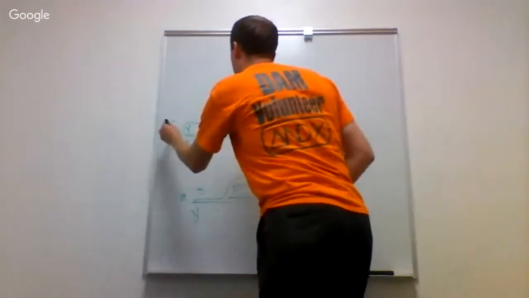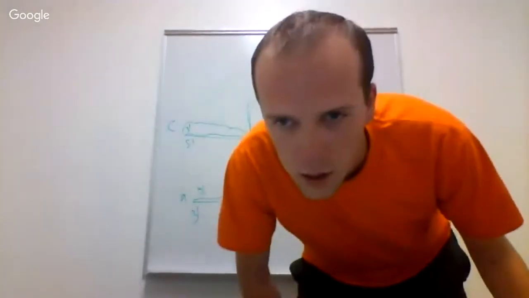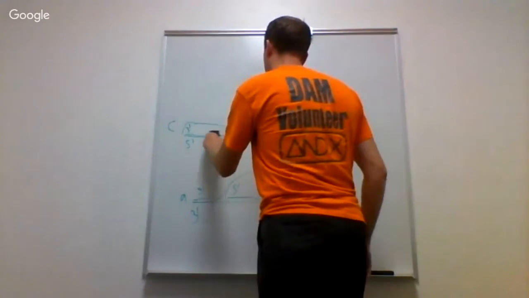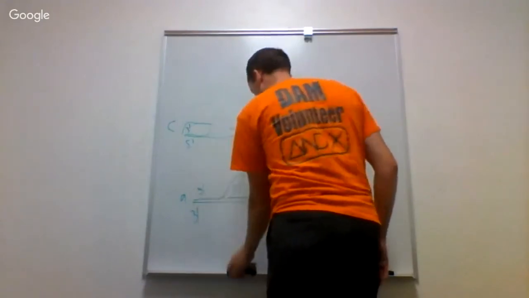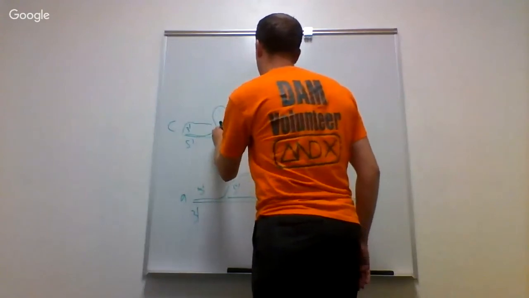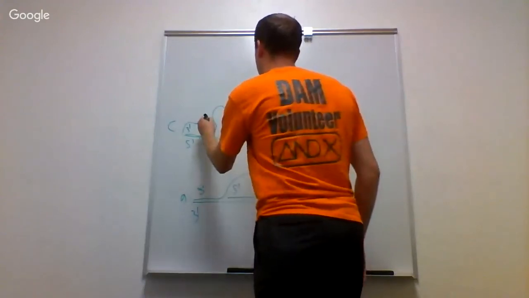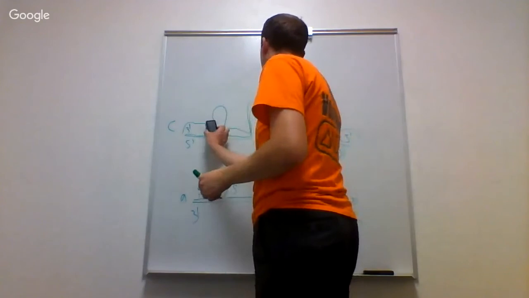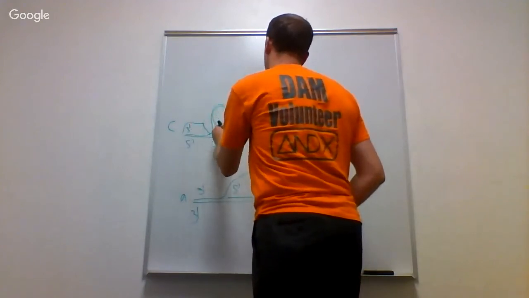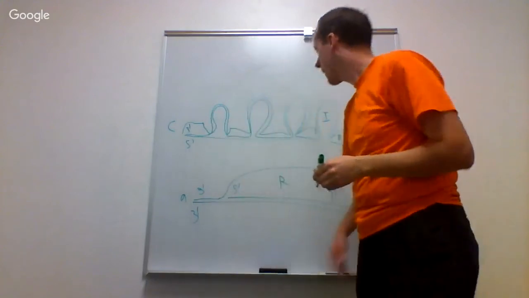C. Then for D, do the same thing again. So this time, the first one is back. We have our I loop back, and the coded DNA goes around like so, like we did before. Okay.